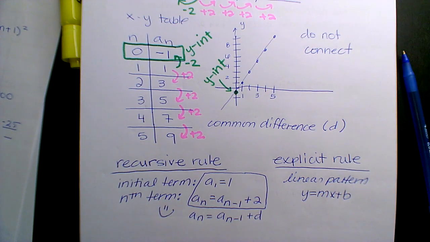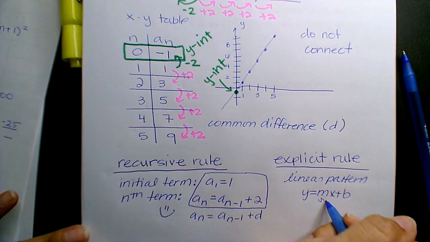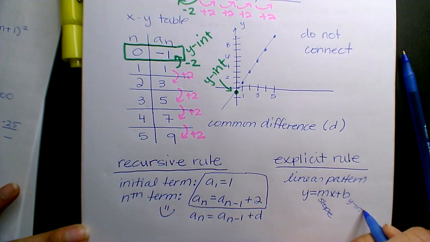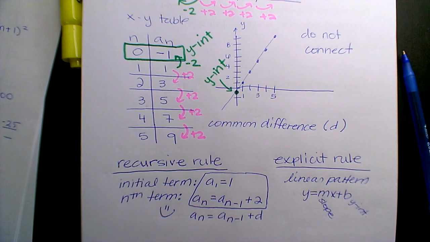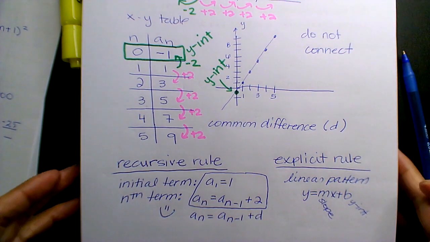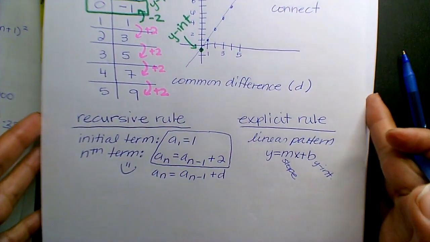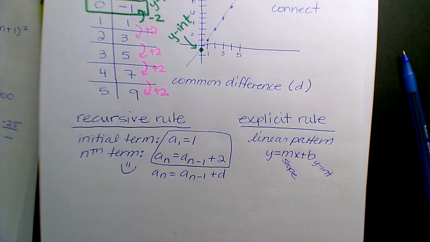What does the m stand for in y equals mx plus b? Slope. What's the b? Very good, the y-intercept. Okay, if I just substitute, because remember, this is a linear function, but we're talking about sequences, so we're talking about a's and n's.